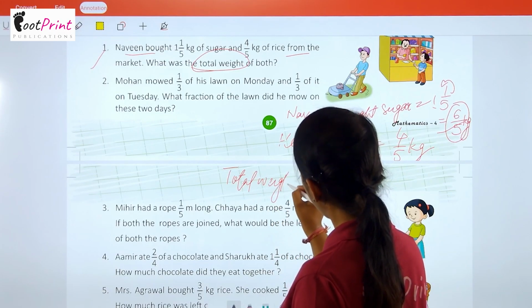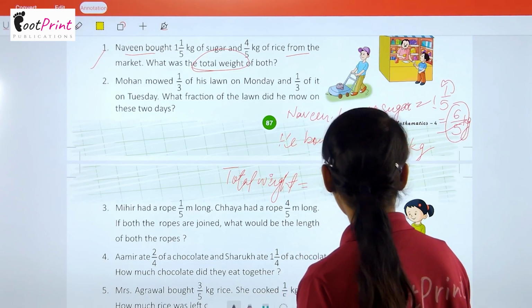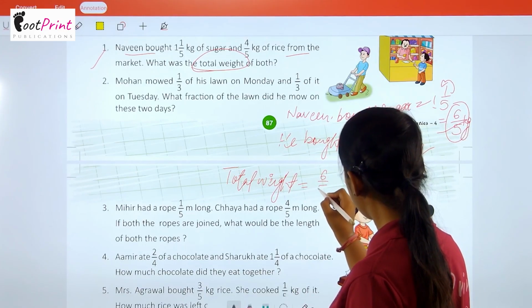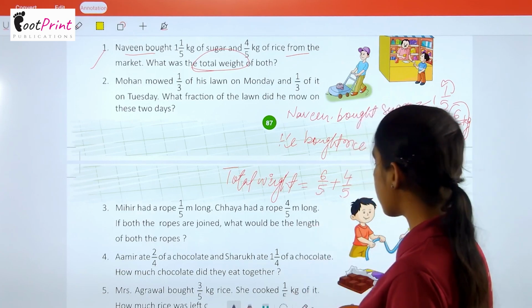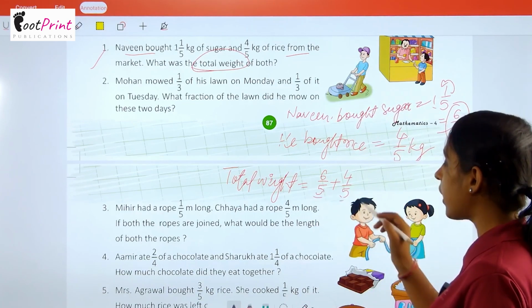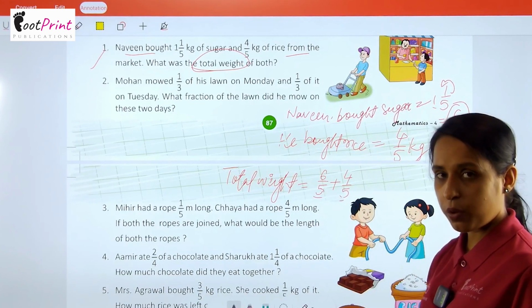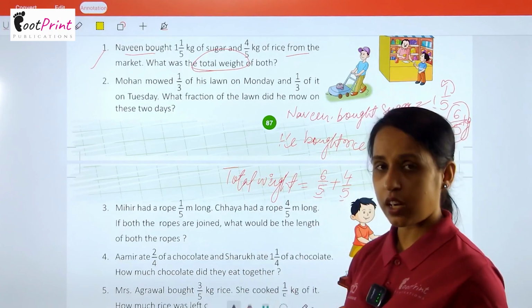of both rice and sugar. तो हम क्या लिखेंगे 6/5 plus 4/5, and by observing these fractions we can say that it has same denominator, it means both the fractions are like fractions.